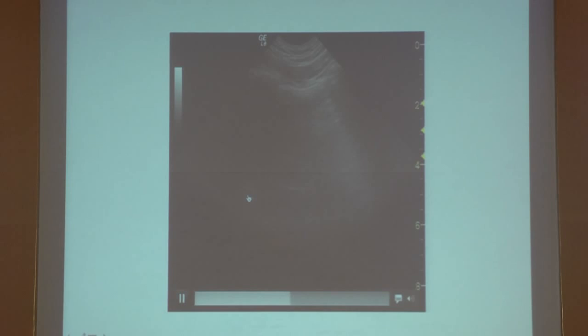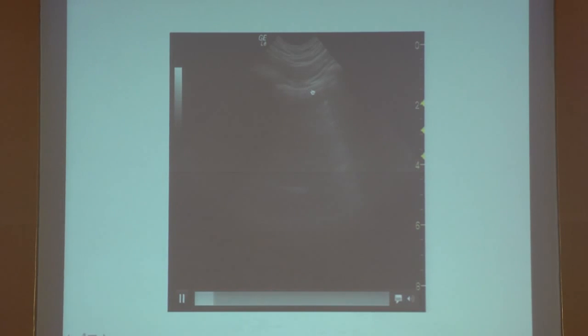This is my own lung, just to demonstrate to you what it looks like. I'm holding the probe with the probe marker pointing to my head, and the probe is placed just below the clavicle. Starting from the top, that's actually the skin, superficial tissue, muscle, and finally, that's my pleura. The first indication of any kind of movement is the pleura.